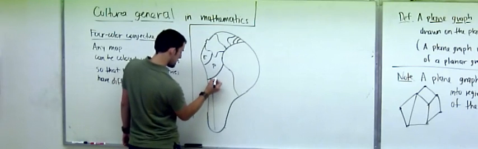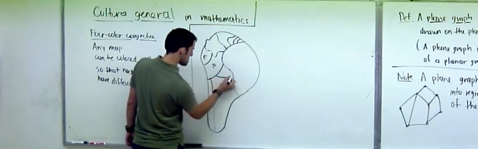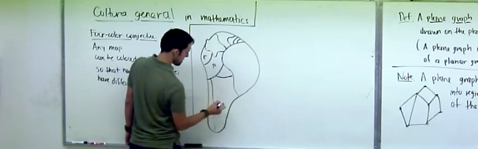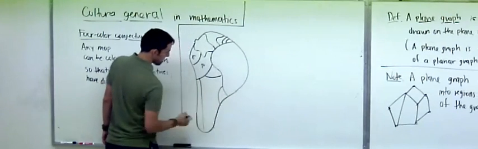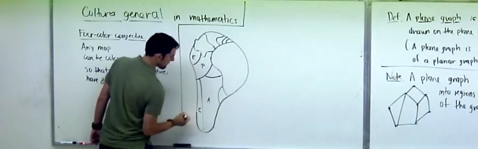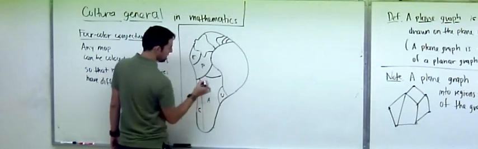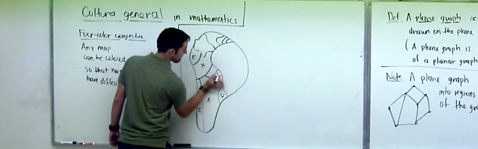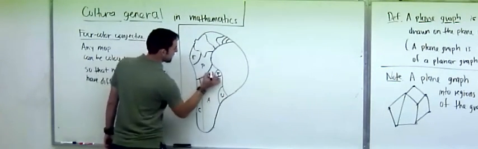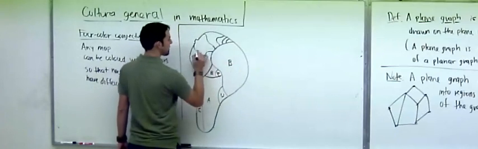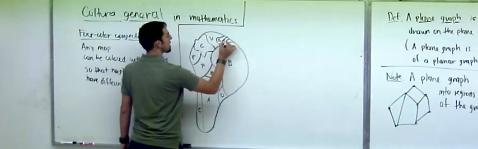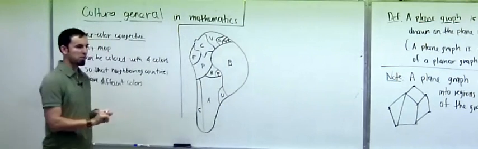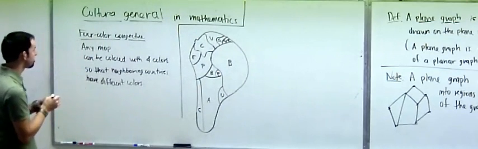Argentina is very big. It's like this. Argentina, Chile. Uruguay is over here. Paraguay is over here. This is Bolivia. Brazil, Colombia, Venezuela, Guyana 1, Guyana 2, Guyana 3: French Guyana, English Guyana, Dutch Guyana. Okay?